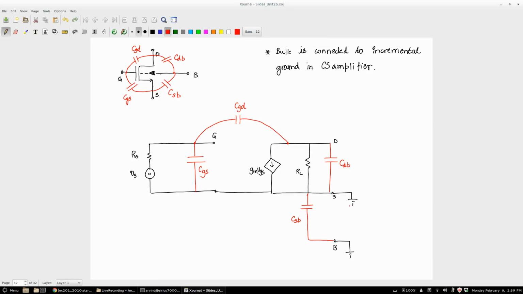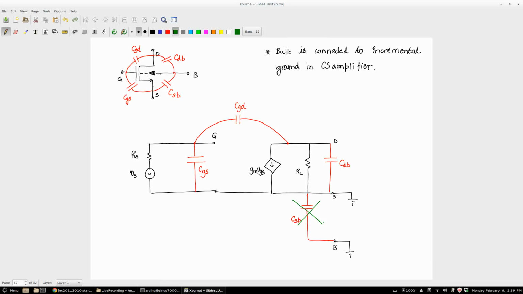So this is CSB. Where does my CDB come? Right? Now it's effectively to ground, so I can connect it to this point also. Yeah. So your CDB in principle should be connected from drain to bulk, but then because bulk and source are effectively incremental ground, I connect it between drain and source also.